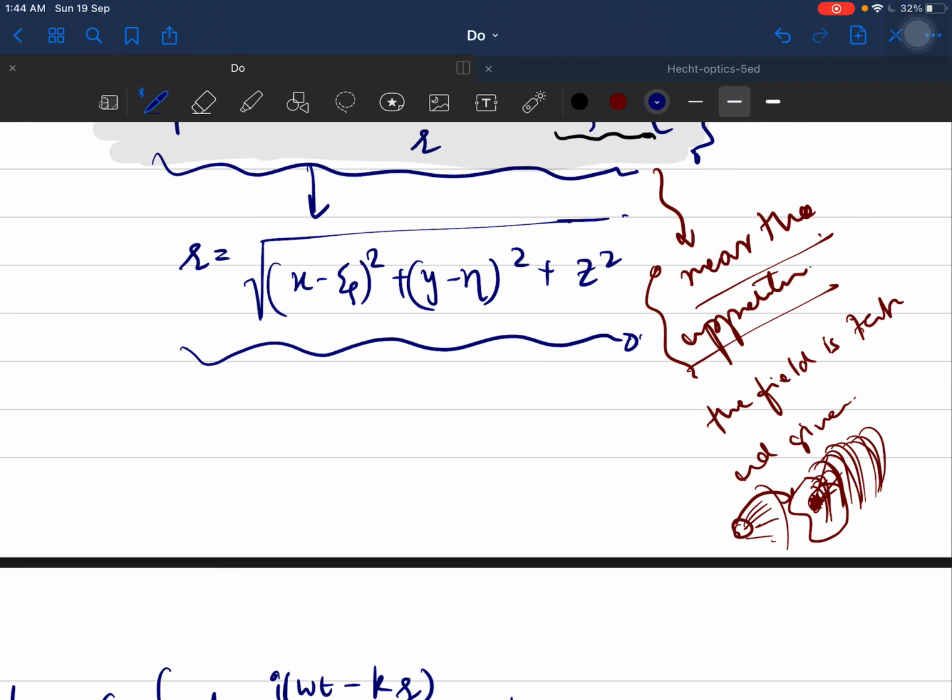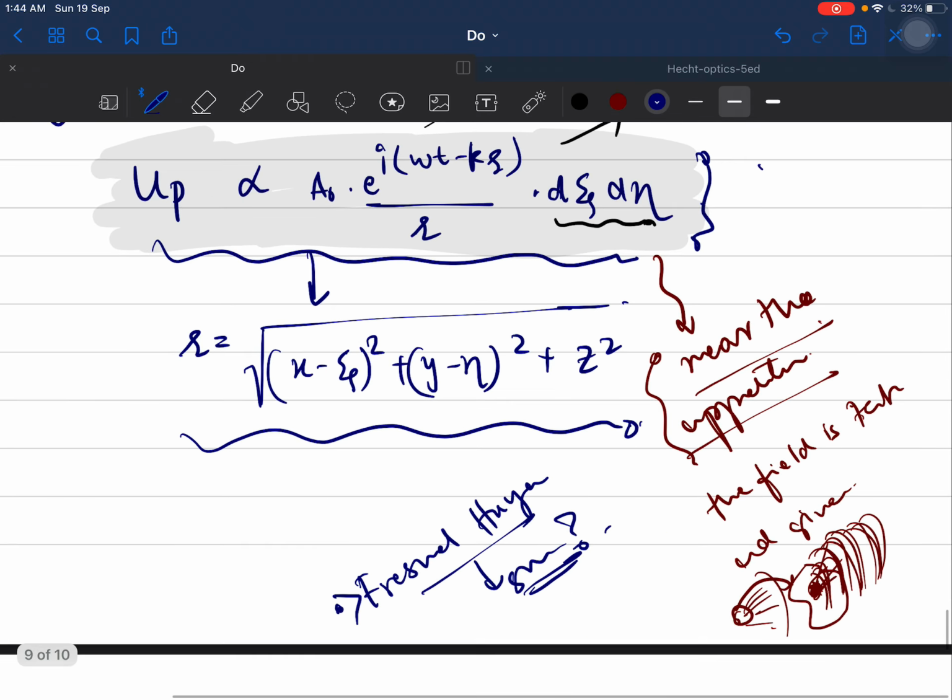So what is the ground of the Fresnel-Huygens principle? It can be empirical.